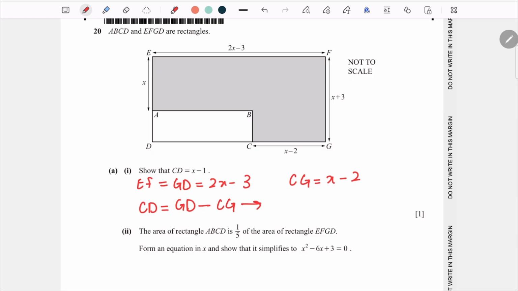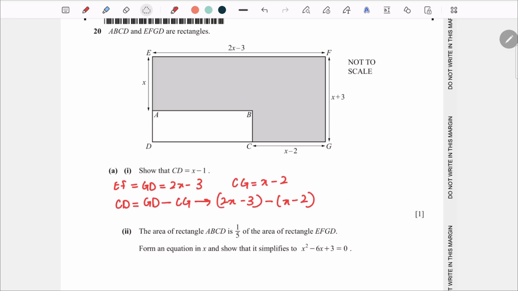So this will be GD, 2x minus 3, subtracted by CG, that is x minus 2. When we solve this, it will be 2x minus 3 minus x plus 2, and this will be equal to x minus 1.